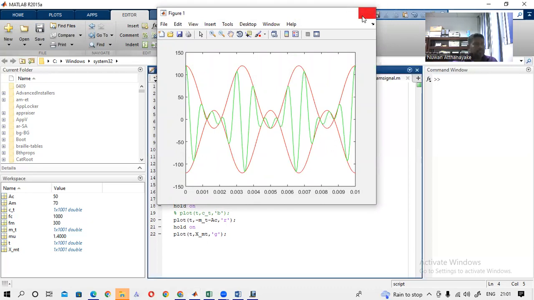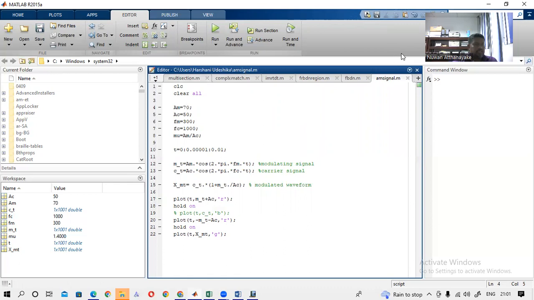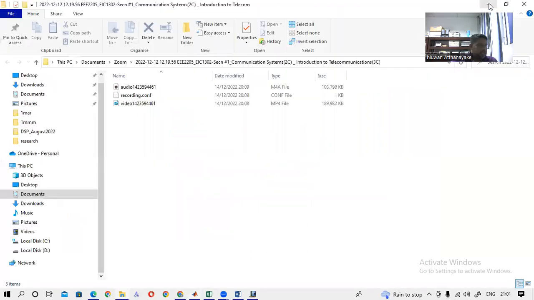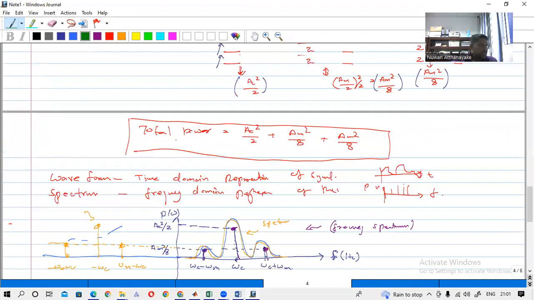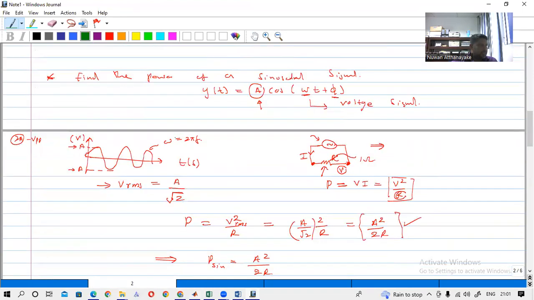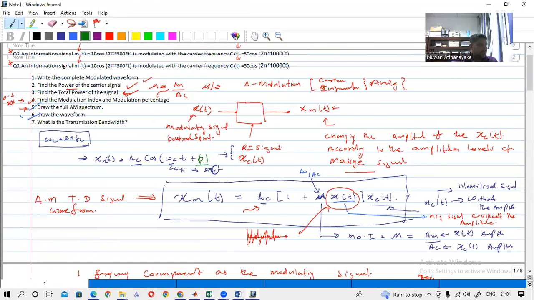I think that is enough, and I hope now you can do this question by yourself. This kind of question will come to your exam also. Please try to work out this one and try to become familiar with it.